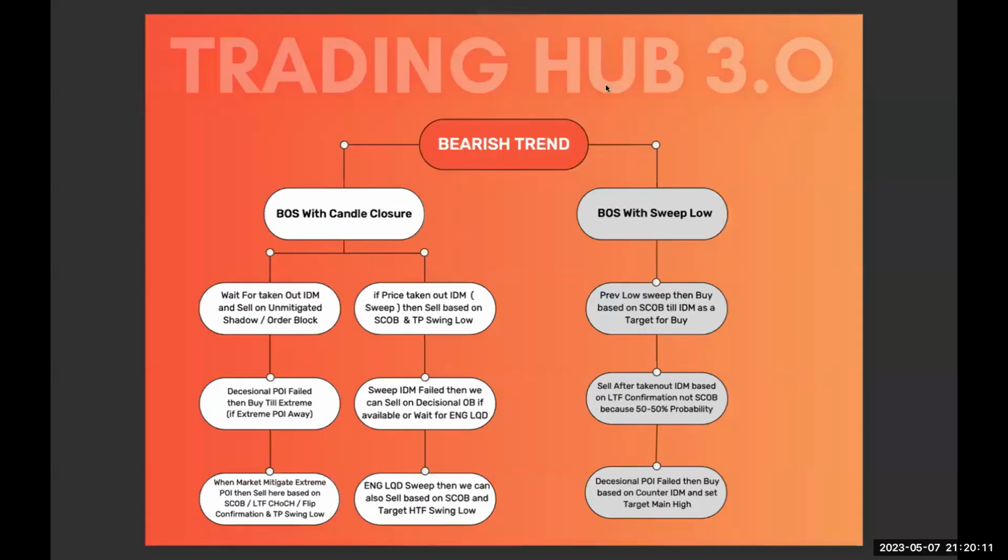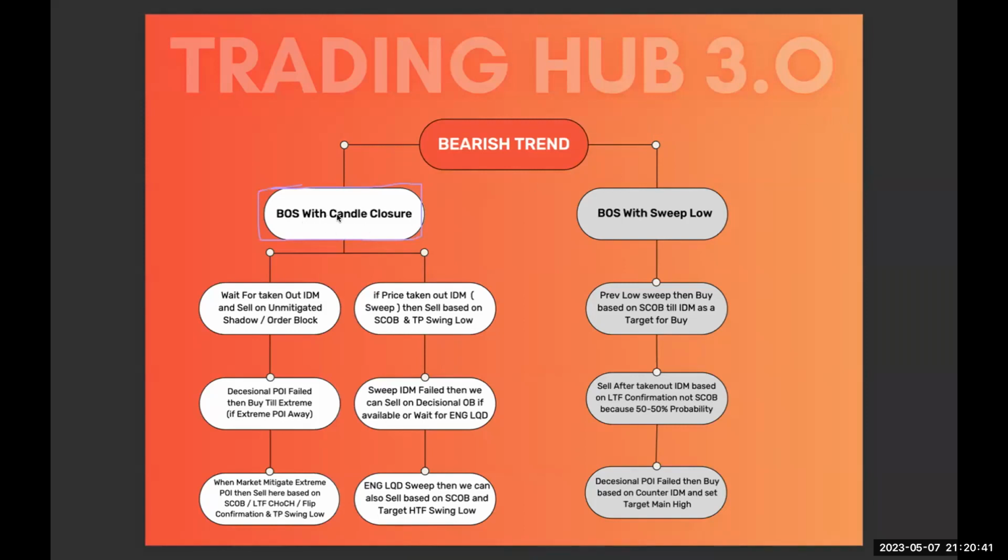Okay. So this is a bearish structure, and similar, just the opposite of the bullish market, right? Here also there are two scenarios: candle closure, or sweep the high, sweep the low, right? Let's say break of structure with a candle closure. In this case, you can also apply a similar thing.